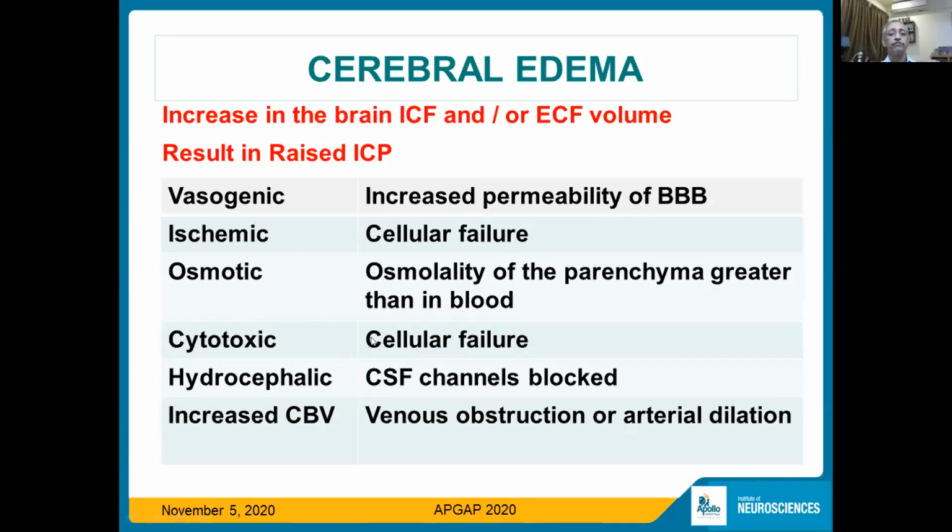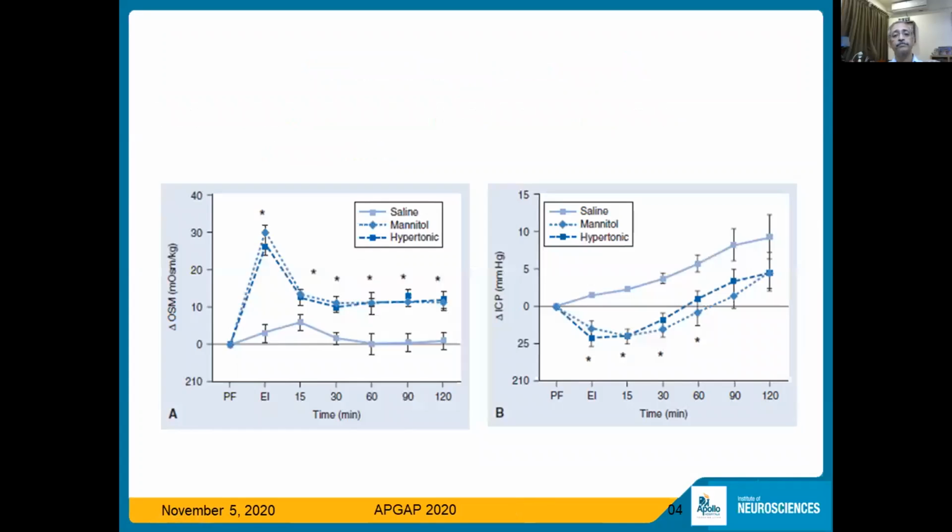Cytotoxic, basically from toxic materials. And hydrocephalic, when there is an obstruction to the CSF outflow tract, which can cause periventricular edema. And venous obstruction, which is extremely important because the veins are capacitance vessels, and obstruction to venous outflow can significantly result in cerebral edema and can also cause bleeding, as in venous thrombosis.